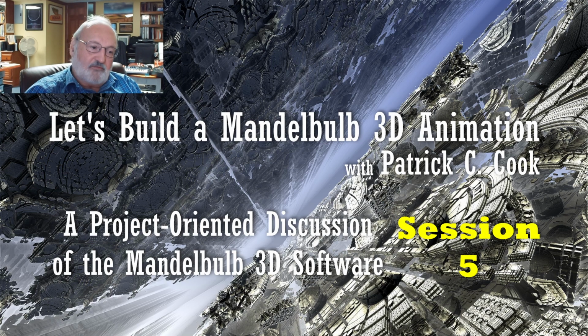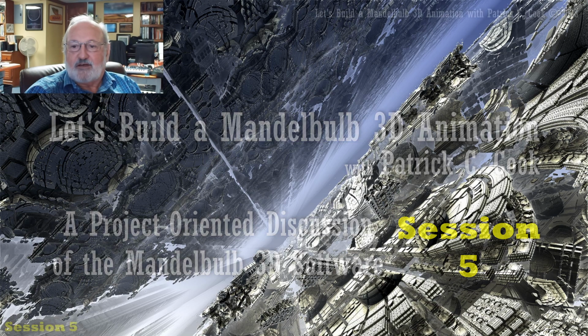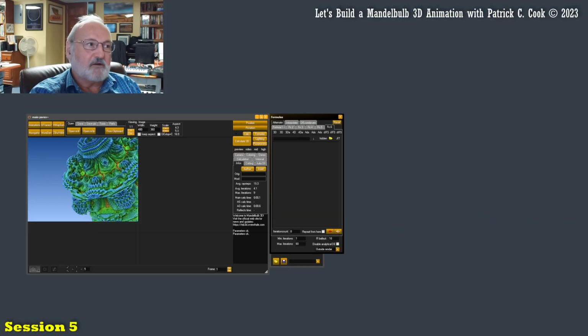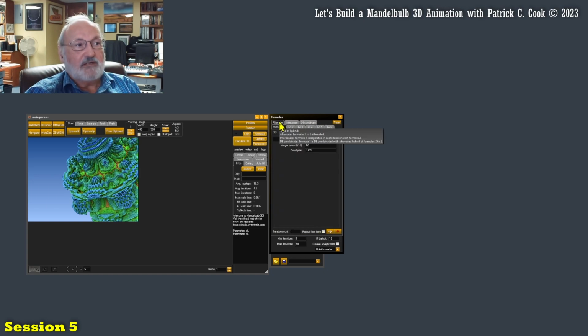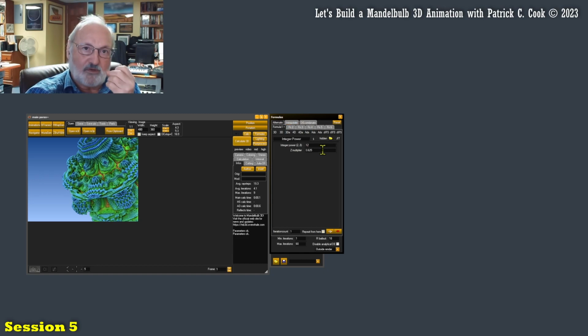Where we left off in the previous session, we were talking about the Mandelbulb 3D formula panel, and we had talked about there being up to 6 different formulas that can be combined, with 3 different types of combining these formulas.